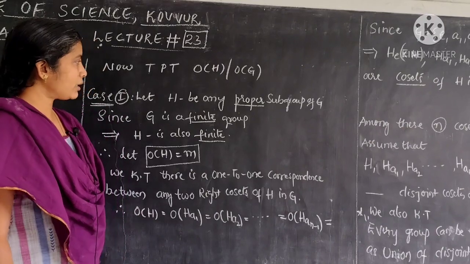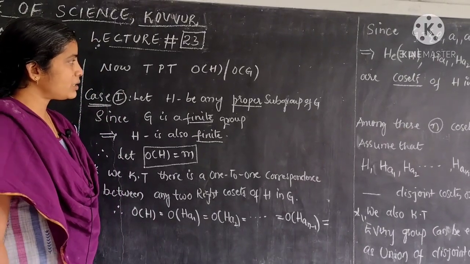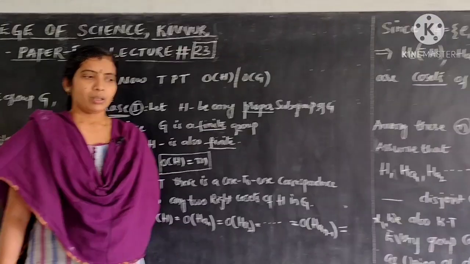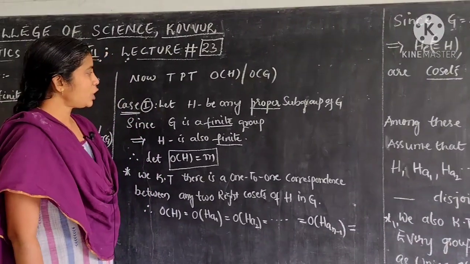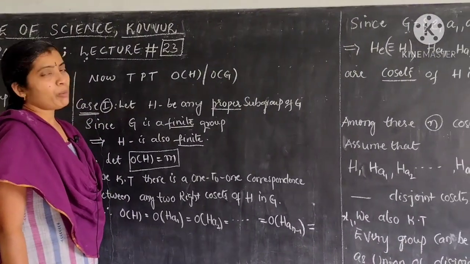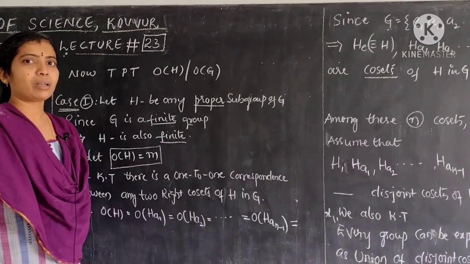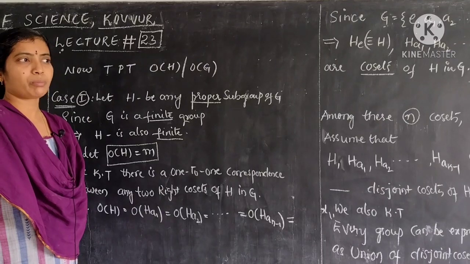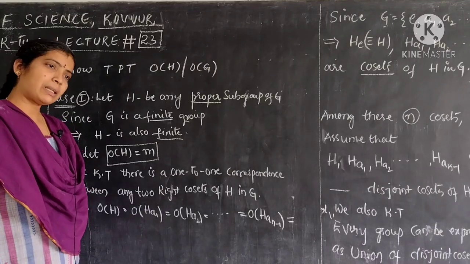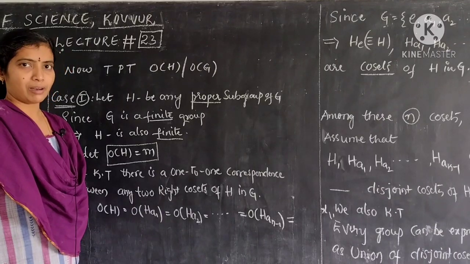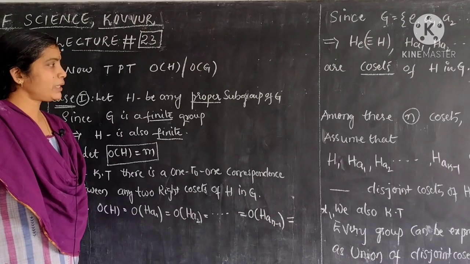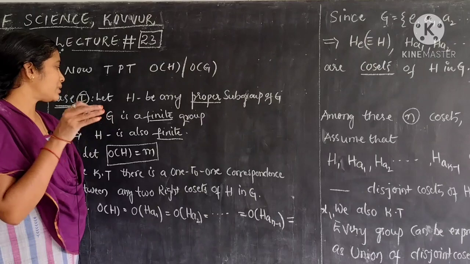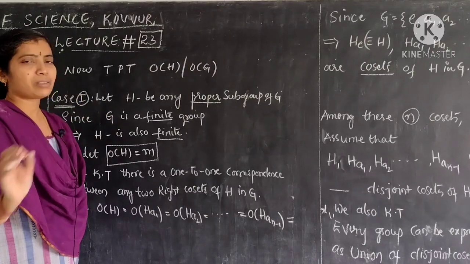In case 1, let us discuss when H is any proper subgroup. Initially, we have improper subgroups, we can count them. For any group, the improper subgroups are 2: the singleton E and G itself. Whereas in the proper case, we can't count them. So, we can treat it generally: H be any subgroup.